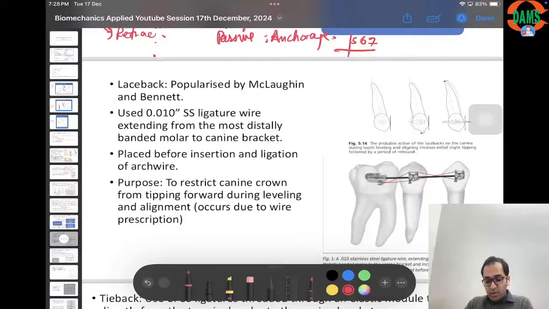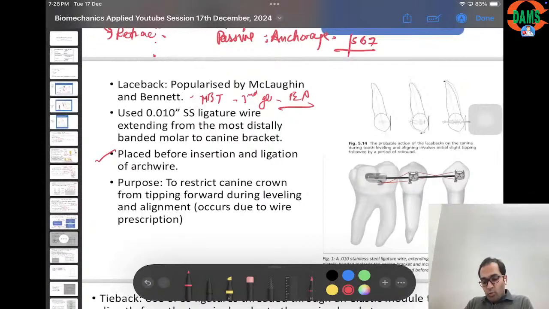They are the ones who gave the MBT bracket, that is the third generation pre-adjusted edgewise appliance. It is given using a 0.010 inch stainless steel ligature wire, which extends from the distally banded molar to the canine bracket, and most important, it is given before insertion and ligation of the arch wire.